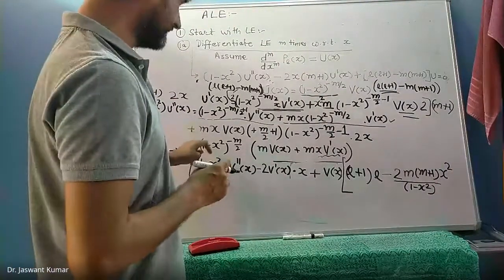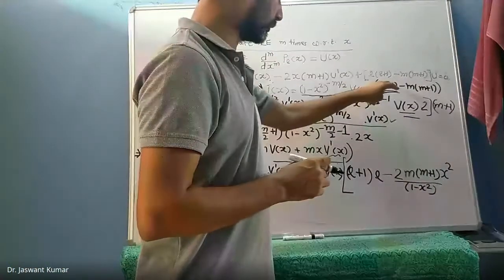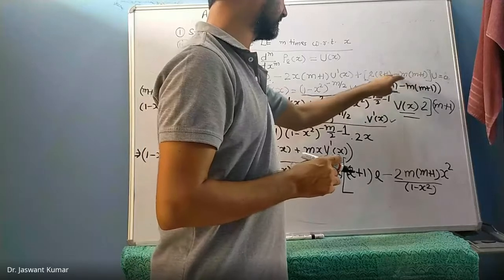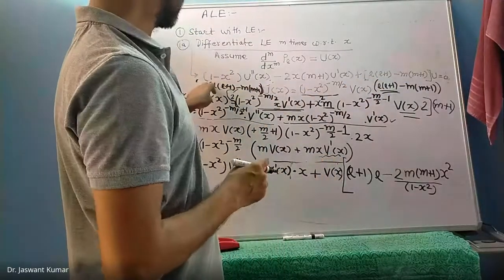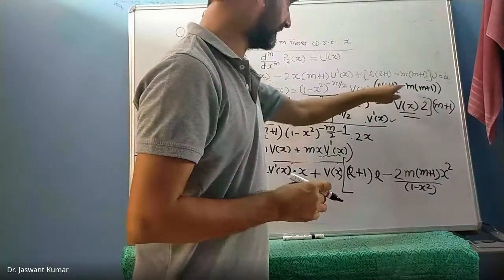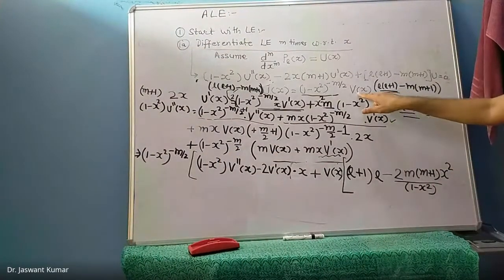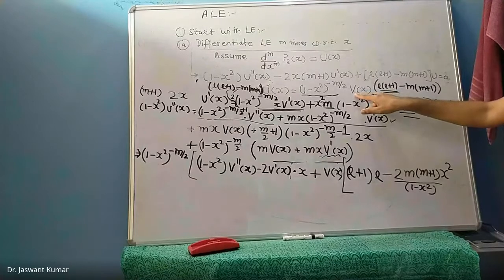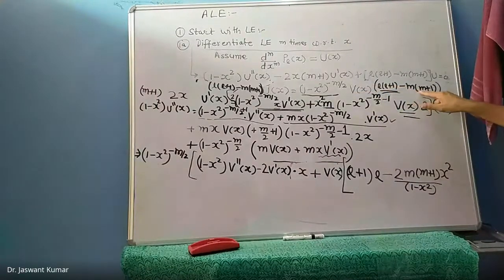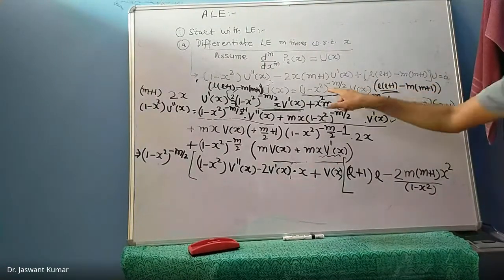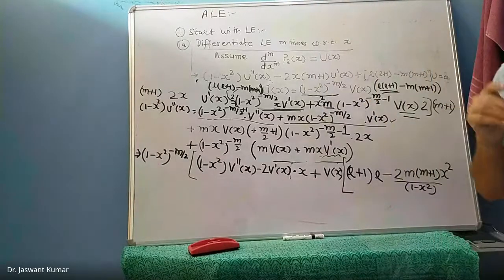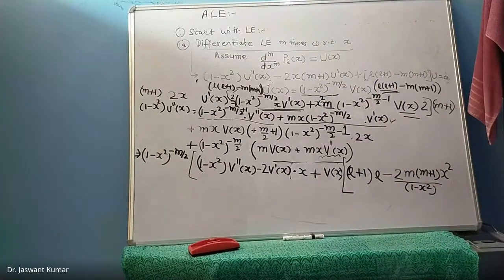Because we have already taken care of the positive v of x term from the first term, from the third term there is a minus. Okay, let us also write. Good. So let us see third term, v of x into minus of m into m plus 1. Because this 1 minus x square term has already been taken care of.